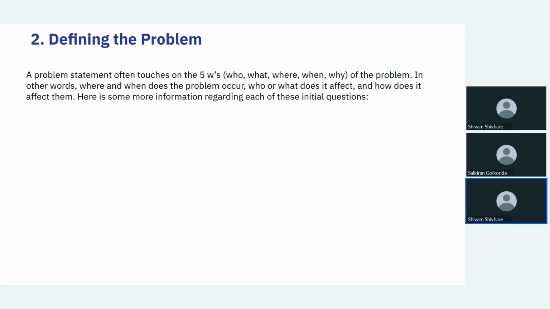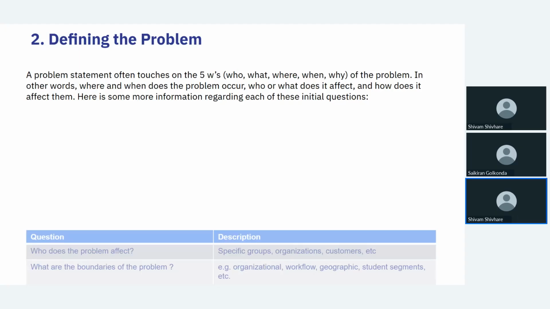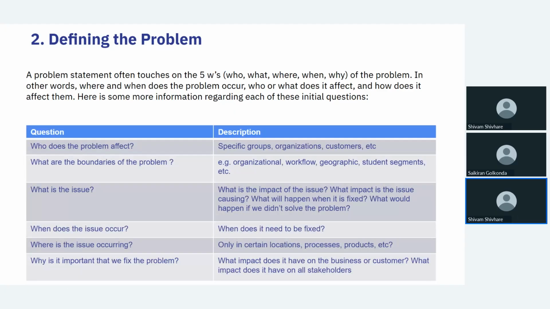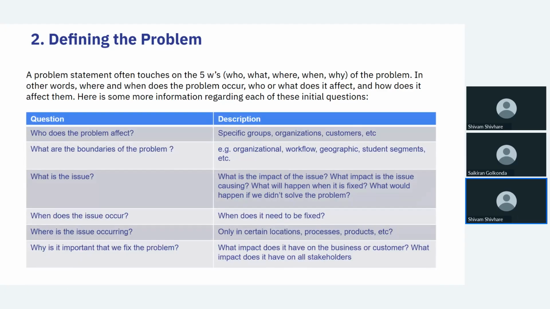A problem statement often touches on the 5 W's: who, what, where, when, why of the problem. Who does the problem affect? Who means people, right? So from this problem, who are all going to be affected?